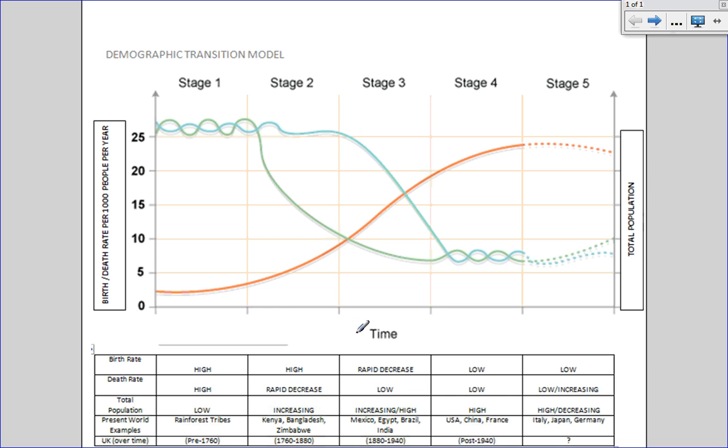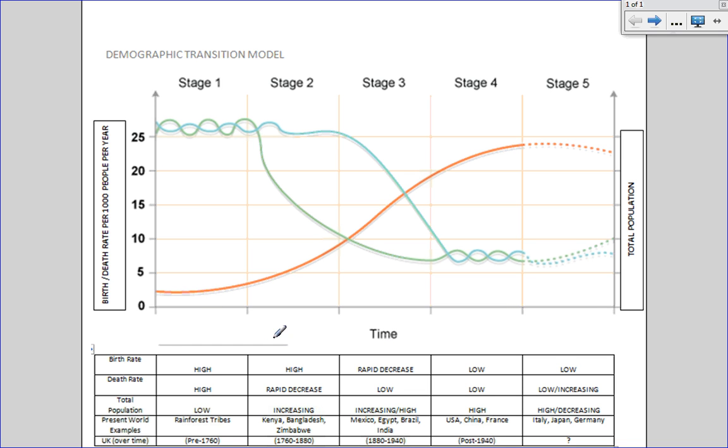And here we've got time, so this is a country as it progresses through time. We would expect that it would go through the stages of the model this way. And down below here we see a table with key characteristics of each of the 5 stages.